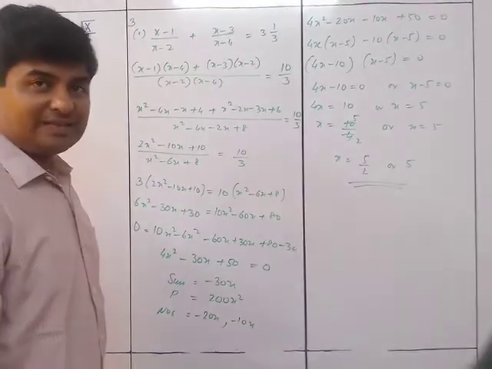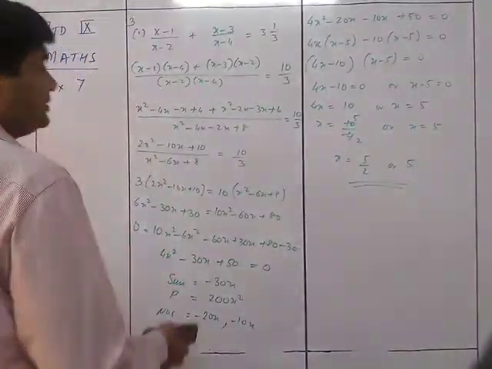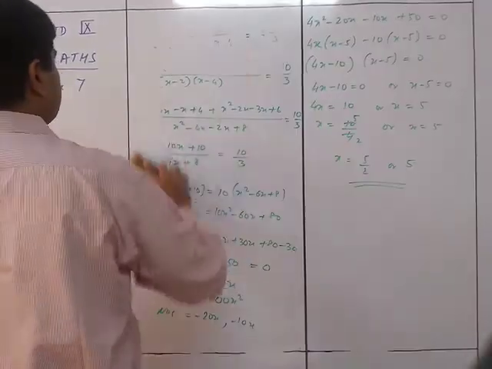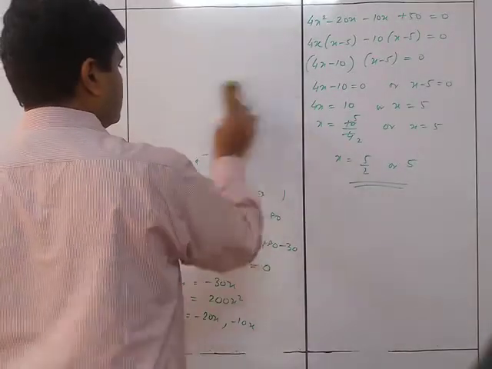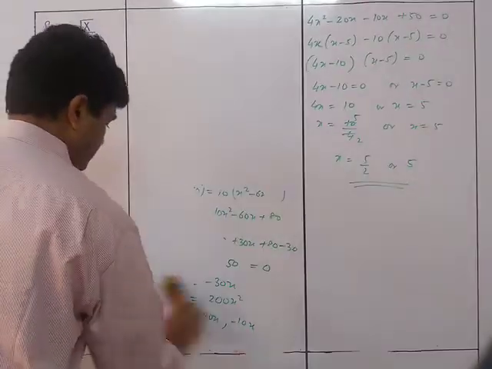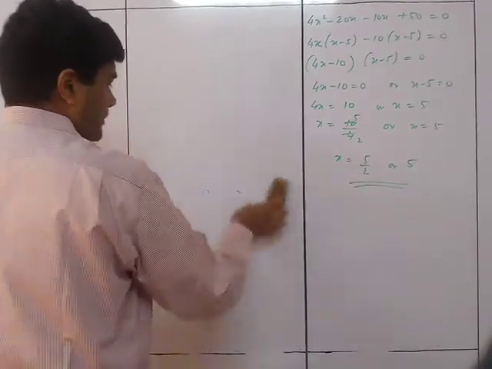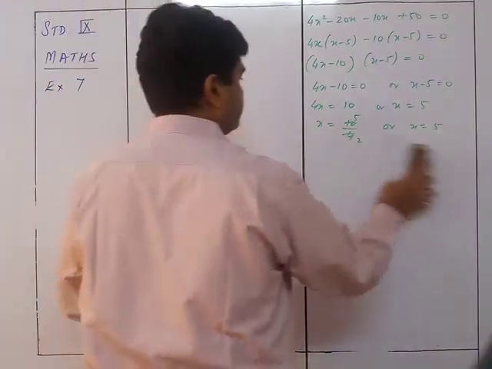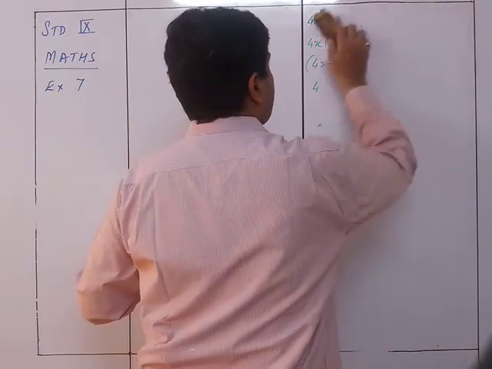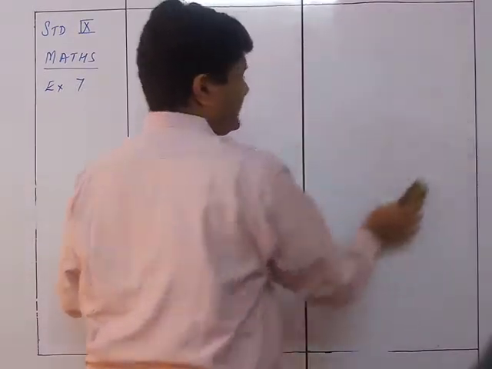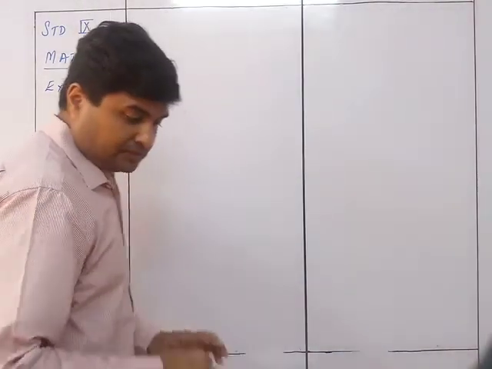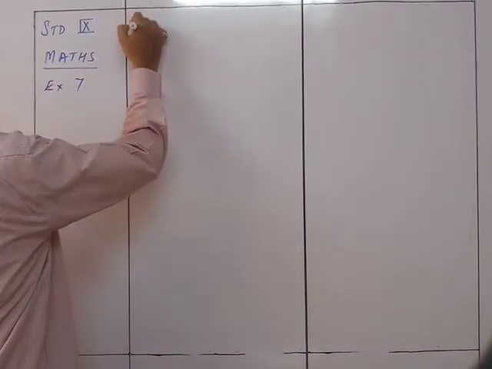We now see the last sum, that is third ka second. So that's the last sum of the chapter, that is third ka second.